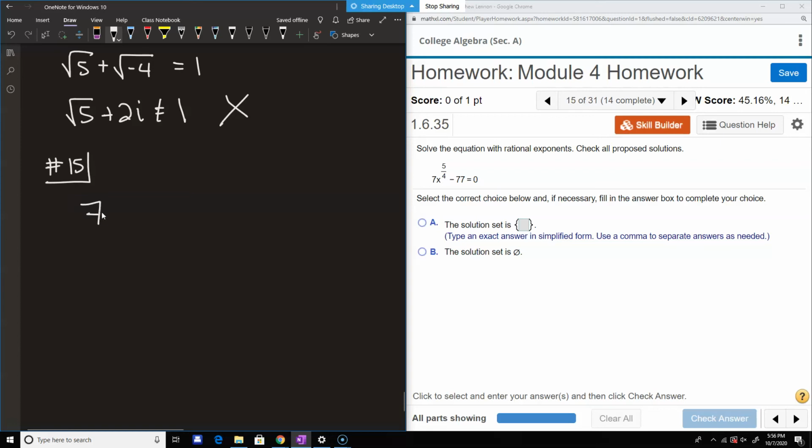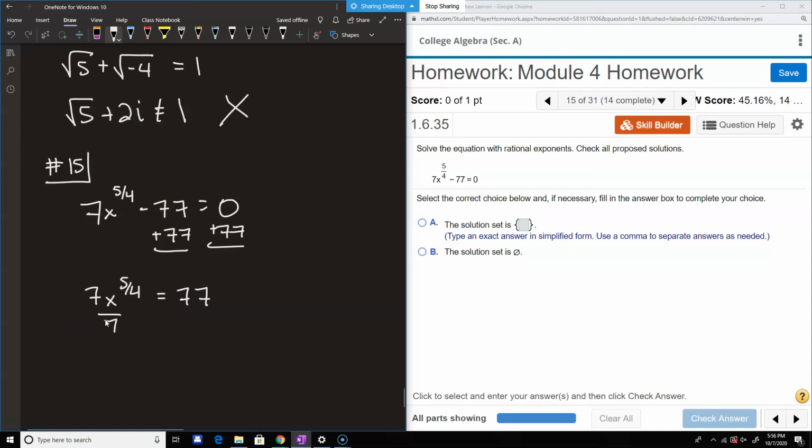So we have 7x to the 5 over 4 minus 77 equals 0. So let's add 77. So 7x to the 5 over 4 is 77.